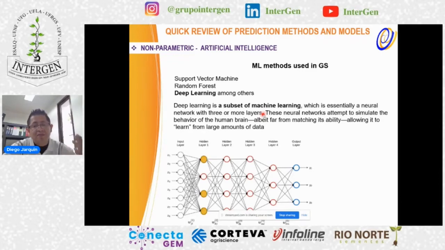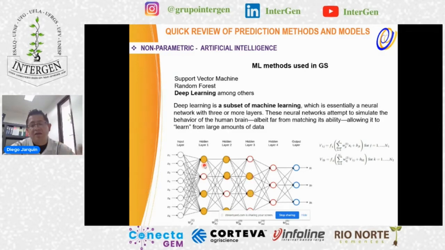So here we have that we can characterize the inputs. We can put here all of the different data types of the information that we have. It could be genomics, phenomics, weather, etc. And we can think of neurons as linear combinations of all these inputs. We also have embedded some kind of activation function that, based on some criteria, determines whether the neuron is important to contribute to explain the variability or not, and then we can keep moving to the next layer, and so on.